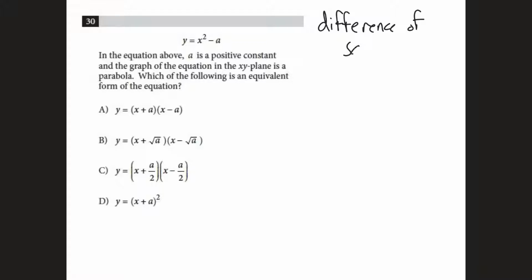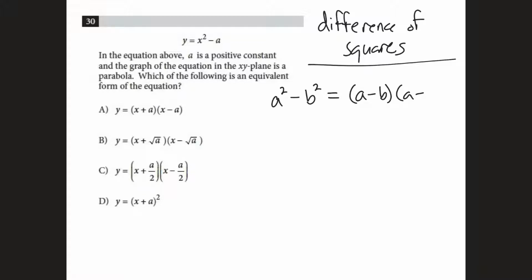That just says that if we have a squared minus b squared, that can factor as (a minus b)(a plus b). All we need to do is apply that same principle. Now a doesn't appear to be a perfect square, at least not that we know, but we can kind of force it.